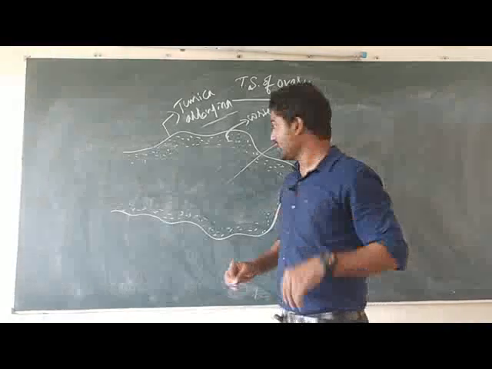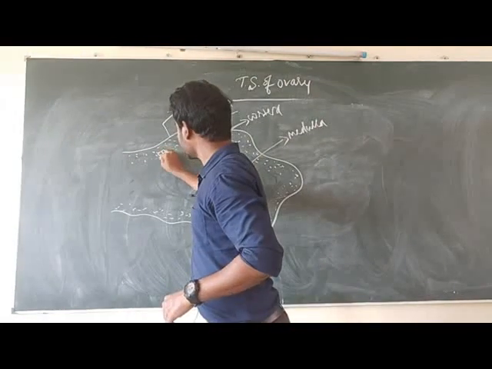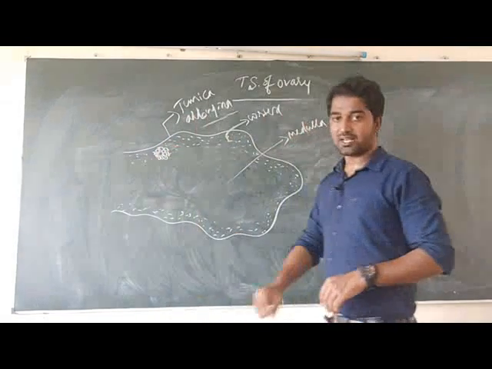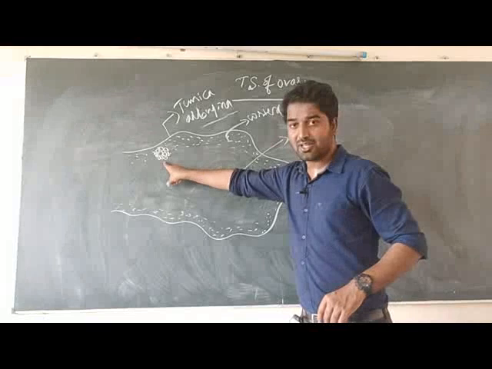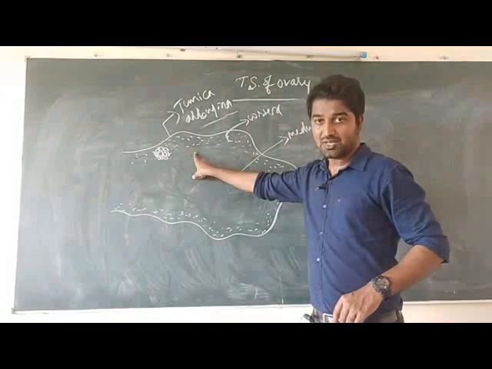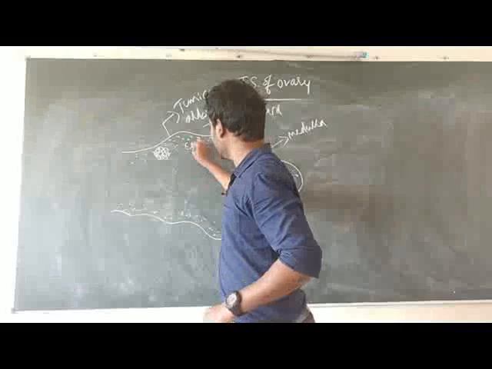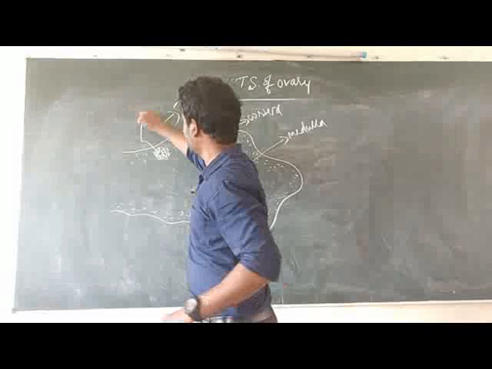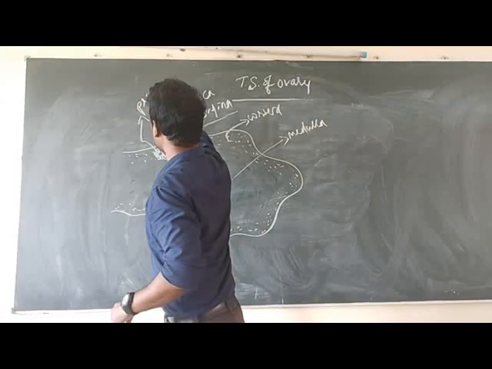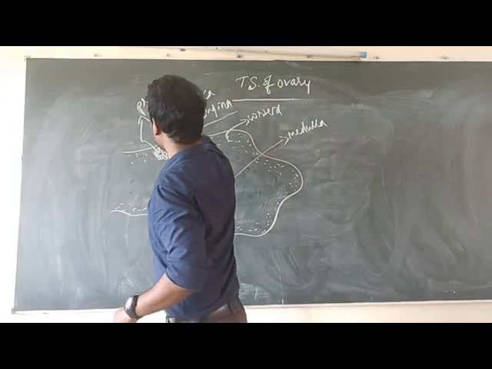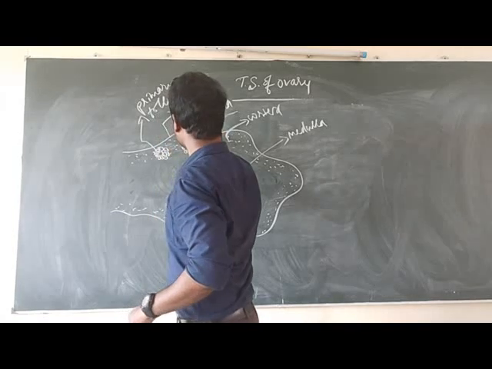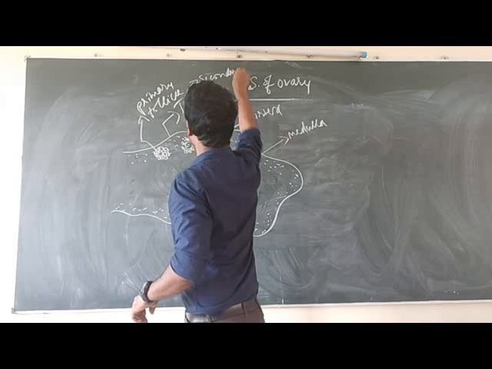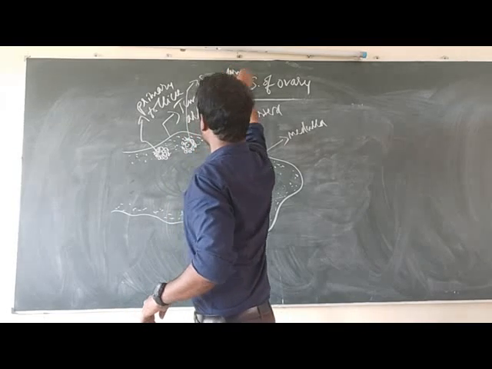Okay, so for example, this is one primary follicle, and this primary follicle is going to mature into secondary ovarian follicle. This is primary follicle and this is secondary follicle.